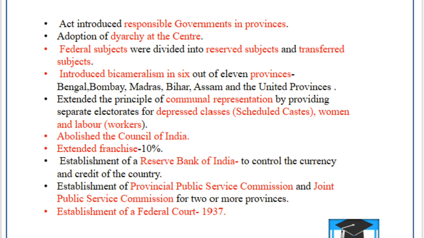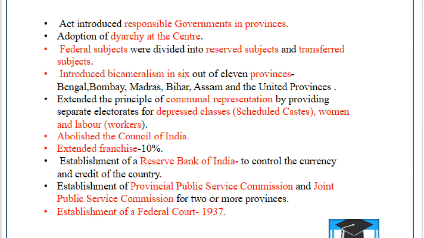It also abolished the Council of India, established by the Government of India Act of 1858. The Secretary of State for India was provided with a team of advisors. This Act also extended the franchise. From this Act onwards, about 10% of the total population got the voting right.